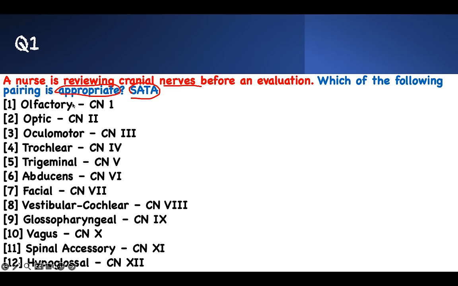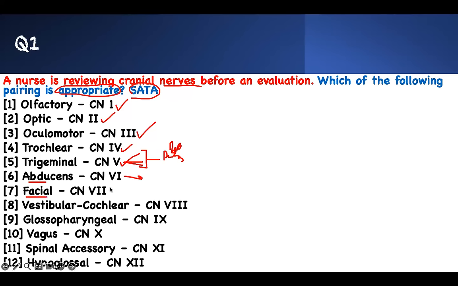Olfactory, cranial nerve 1. This is accurate. That's the name of it, and that's the symbol. Optic, cranial nerve 2, appropriate. Oculomotor, cranial nerve 3. Number 4 is trochlear, cranial nerve 4. 5 is trigeminal, which is 3 nerves together. Abducens is cranial nerve 6.